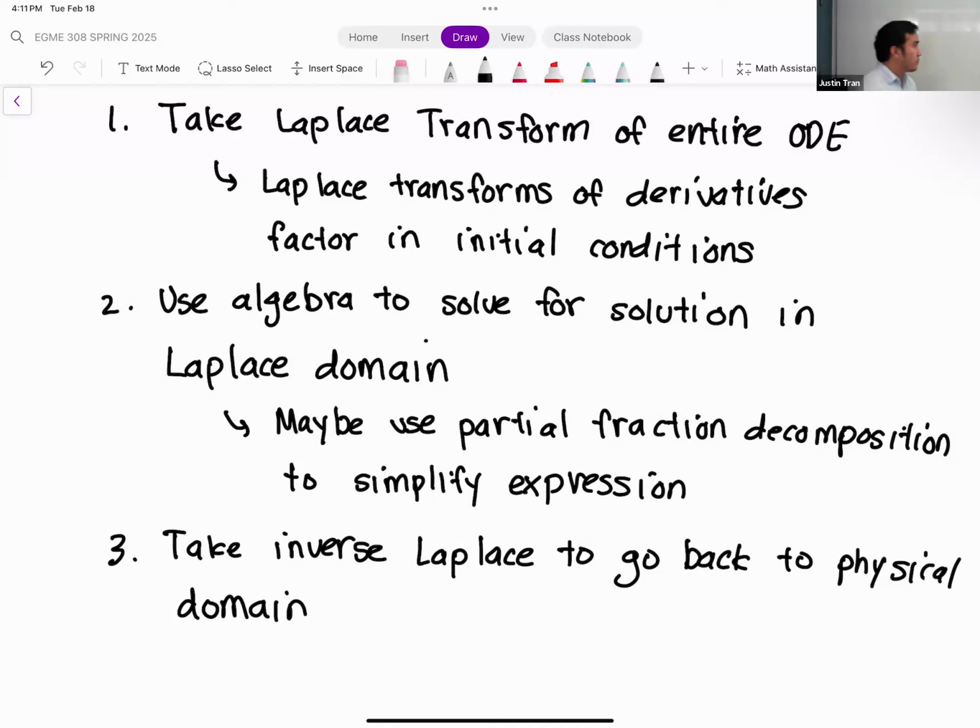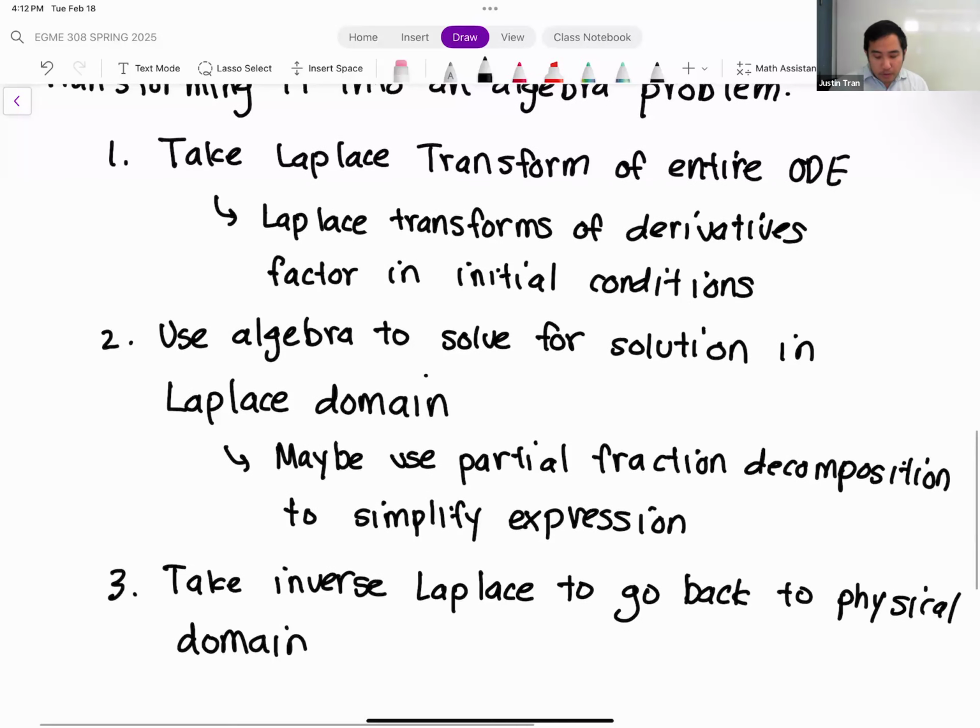So that's the game plan. It's a three-step process. You're probably going to be spending most of the time in step two, but this is the idea of how to solve an ordinary differential equation with Laplace transforms. Any questions on this before we start jumping into some examples?